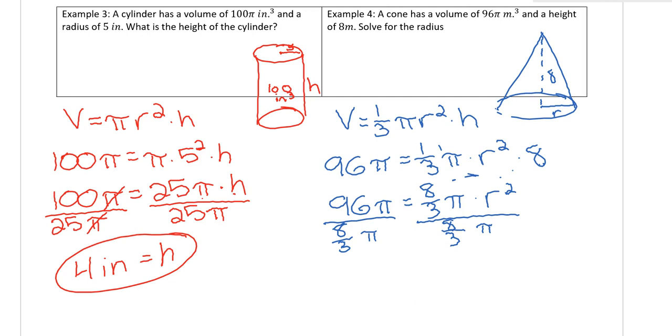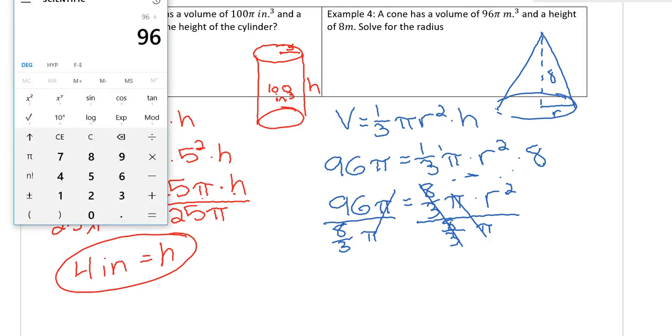So then, again, the pi's cancel out. 96 divided by 8/3 equals 36.